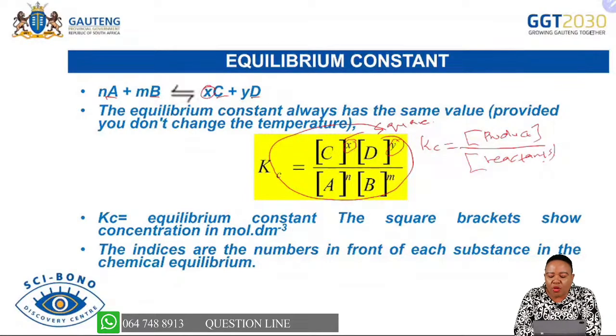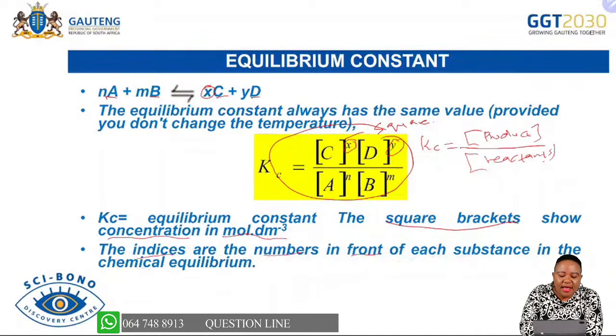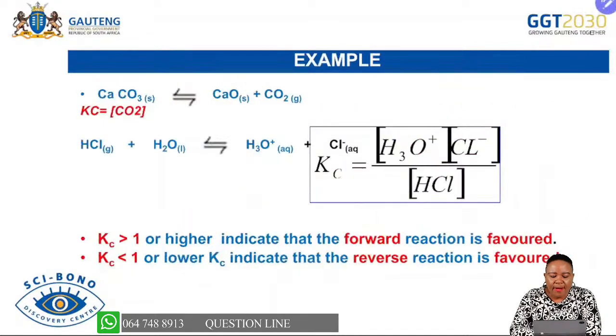So for the equilibrium constant, we use square brackets to show the concentration in mole per decimeter cube, and the indices are the numbers in front, which represent the number of moles of each substance in the chemical equilibrium, and we use them as our exponents. So when you are given an equation and asked to write a Kc expression, you know which ones are your reactants and which ones are your products.